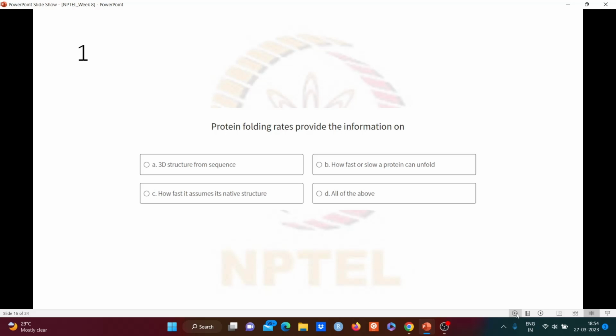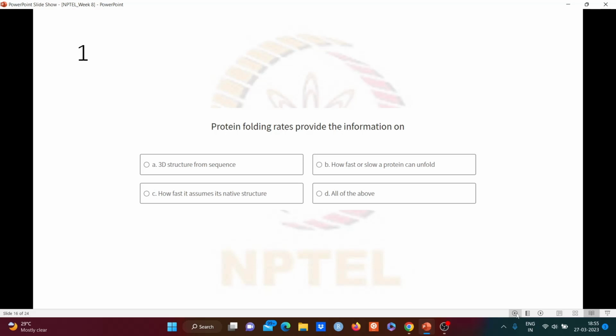Protein folding rates provide information on what? Here you have to be careful considering the question. In the question, it is given that protein folding rate.